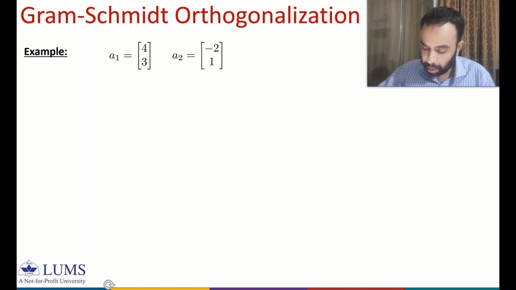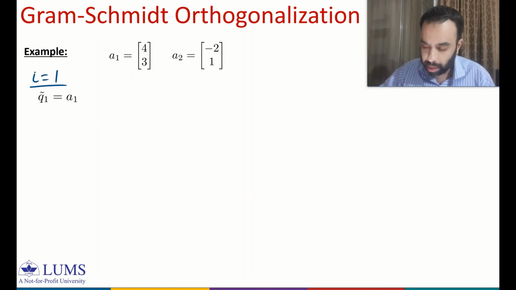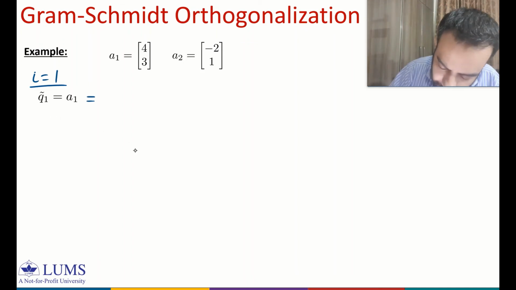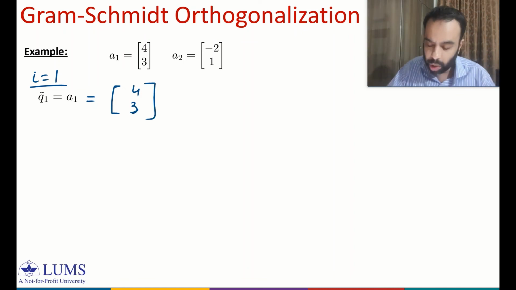In the first iteration, i is equal to 1, and the first step is orthogonalization, in which we take Q1 tilde equal to A1. So Q1 tilde is (4, 3), and using Q1 tilde we can find Q1 in the second step, normalization.